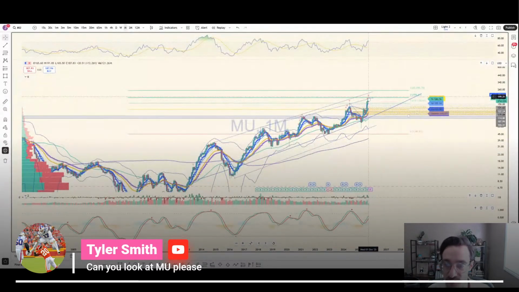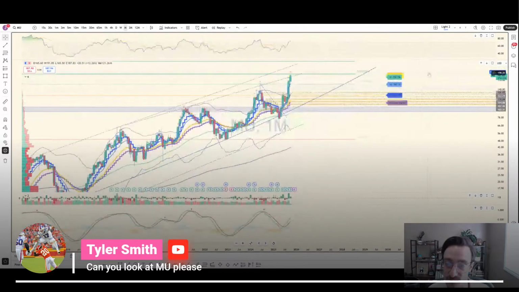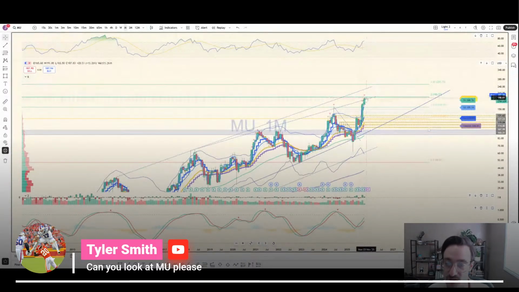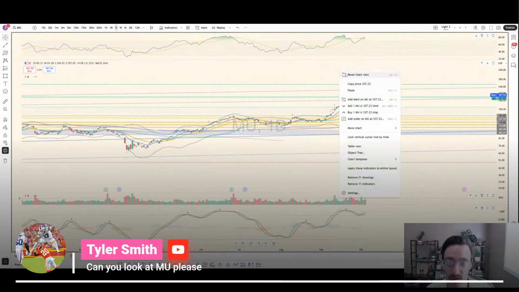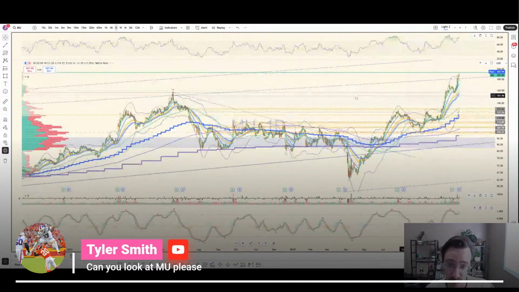It is about to hit the 2 target, but I think it's going to 250. I don't know that though. If it topped here, that would make complete sense too. But I wouldn't fade this, that's for sure. I can't buy it here either. But watch what it does at 190 to 200. That's going to be really important. Right now it's just running so hot. Definitely can't buy it.